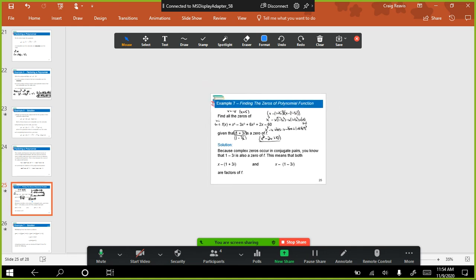So what I'm going to do is take x to the fourth minus 3x to the third plus 6x squared plus 2x minus 60, and I'm going to do long division.